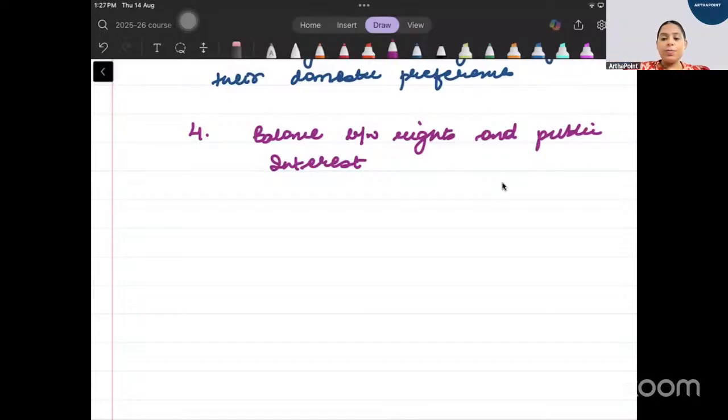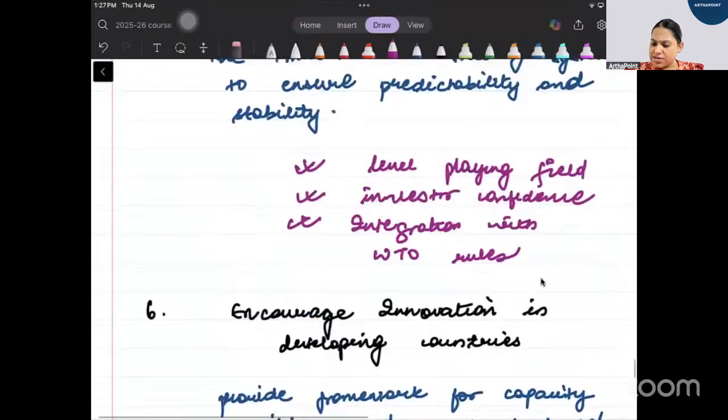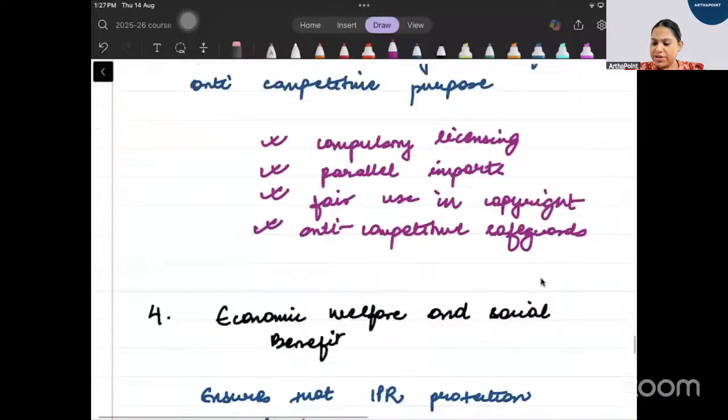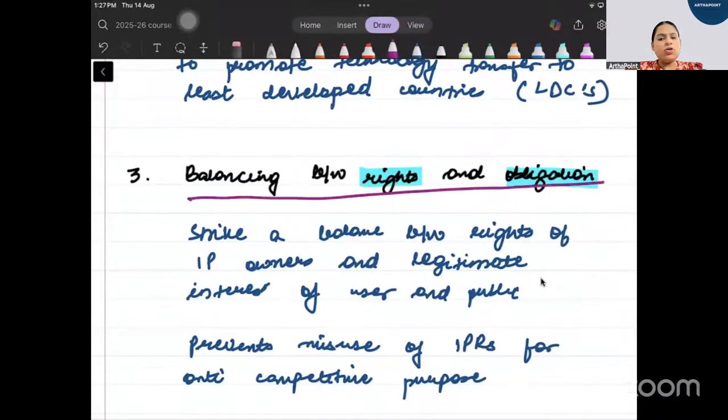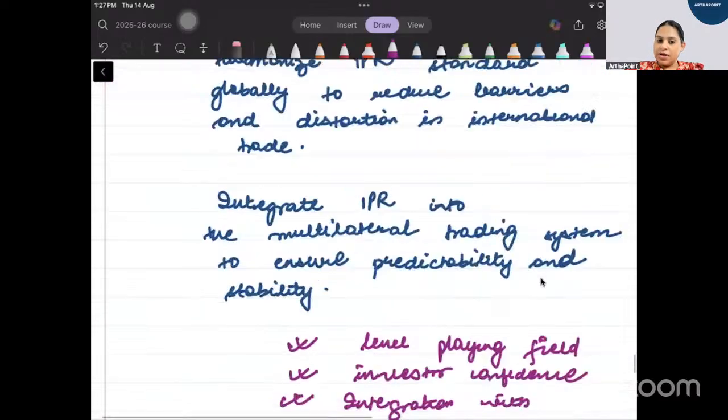So this balance must be maintained. Agreed that anyone will innovate only when you give them IPR, but it should not be that a monopoly is created and public interest is lost. That balance has to be maintained, and I have already written that under the objectives, so I'm not going to rewrite it. Okay, fifth one.